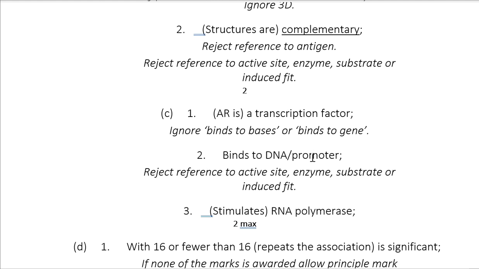It binds to the promoter region. I would be safer to use the word promoter region. So it binds to the region at the start of the DNA, the promoter region, and this is where it's going to stimulate RNA polymerase and initiate transcription.